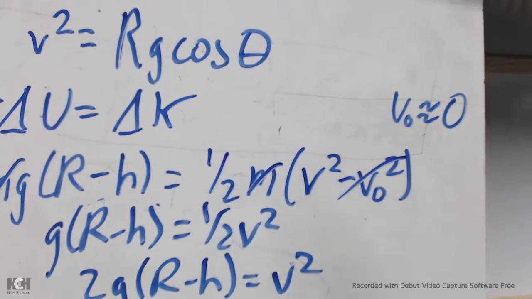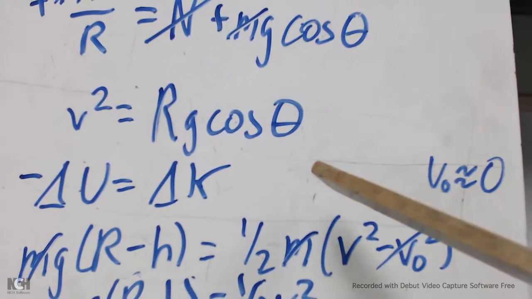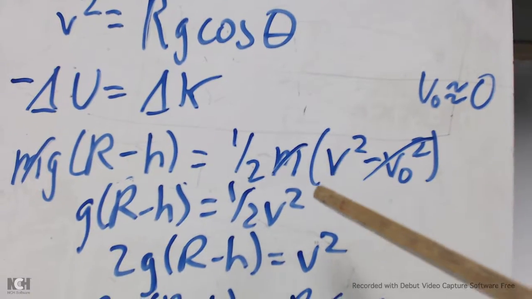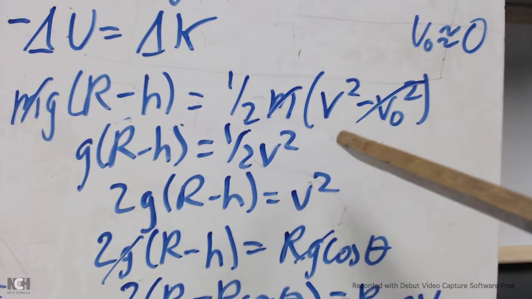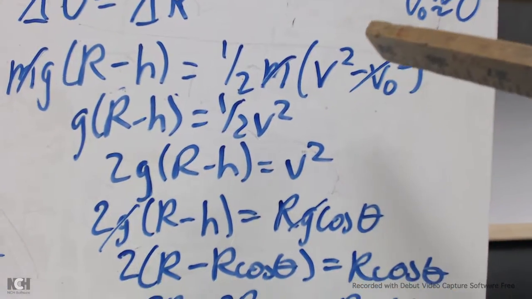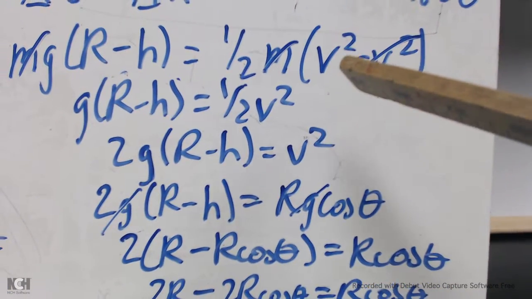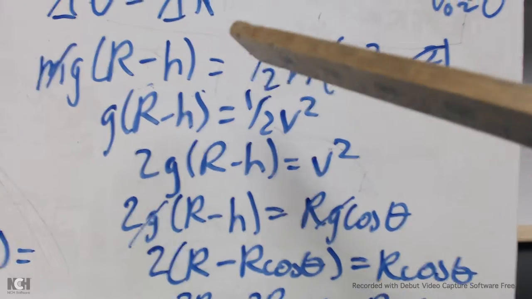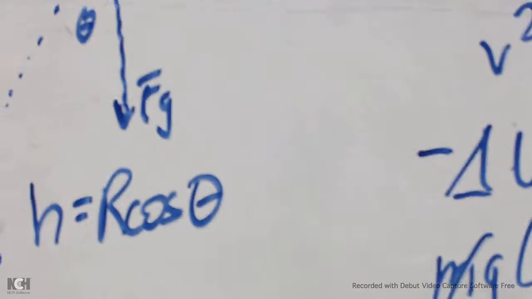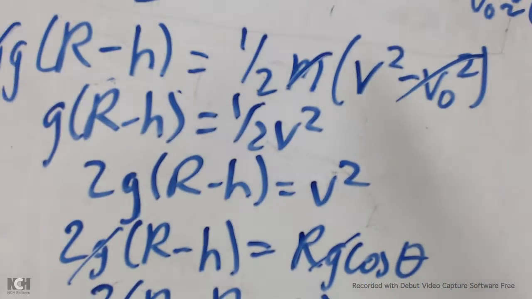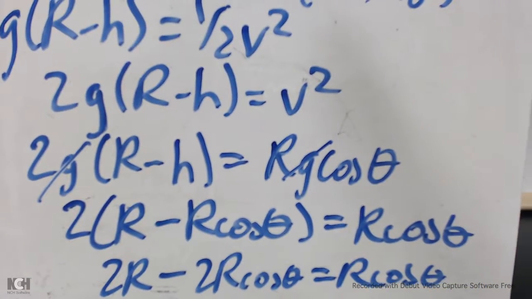Now, we're going to equate that v squared we have up here with the v squared we have down here. And you're going to get that expression, and the g's cancel. And you're going to come down here, and you're going to notice that I substituted h for r times the cosine of theta. And you come back here, and you'll see that I did that there.